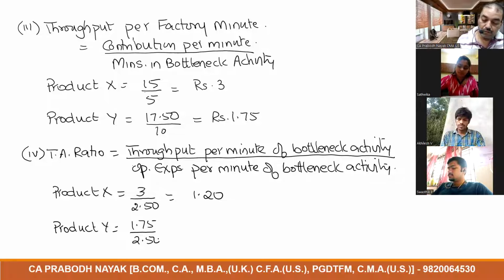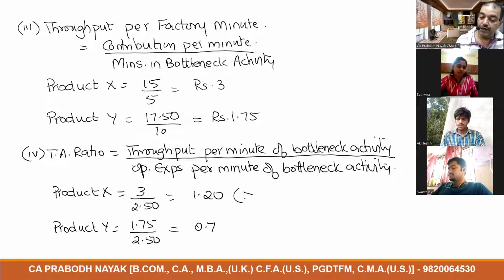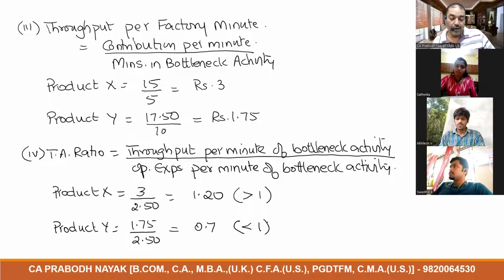That is 0.7. So here it is greater than 1, here it is less than 1. So from this you can say that product X is going to be profitable, product Y is not going to be profitable, product Y will result in a loss.